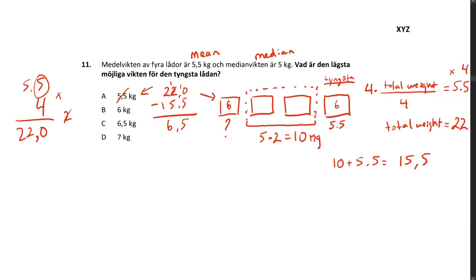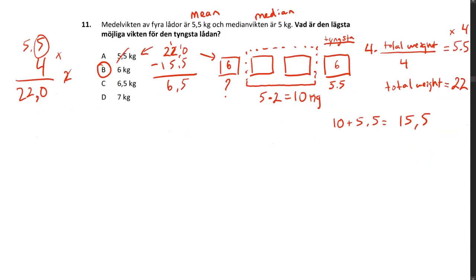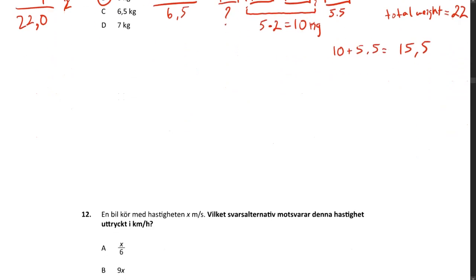We know that the box could be 6.5, but also if the heaviest box is 6, that means that this box has to be 6, and inside has to be the total of 10. So therefore, I would say the answer is B, 6. It could be 6. Good.